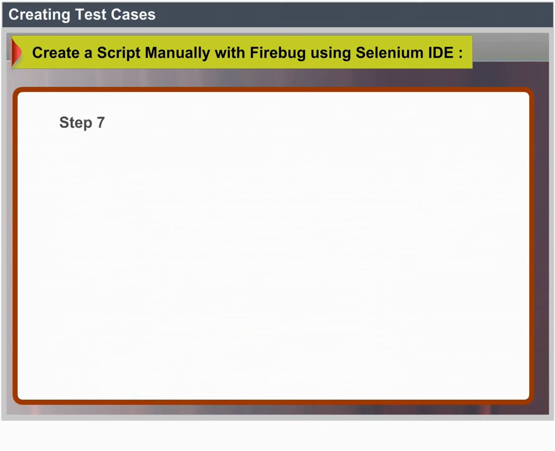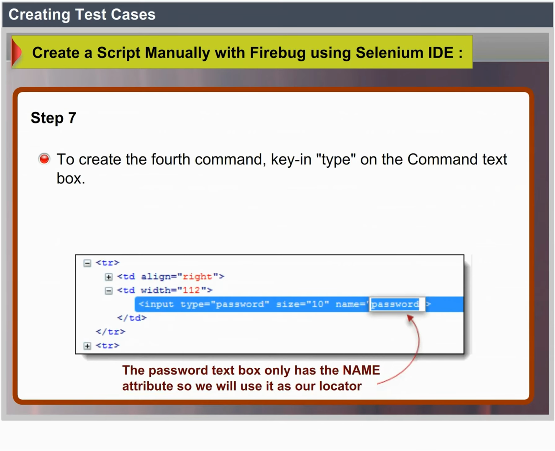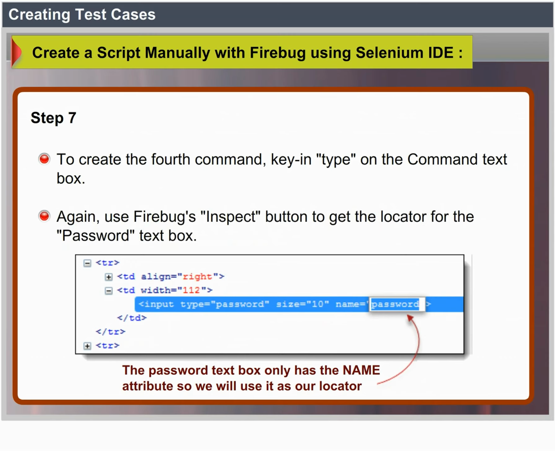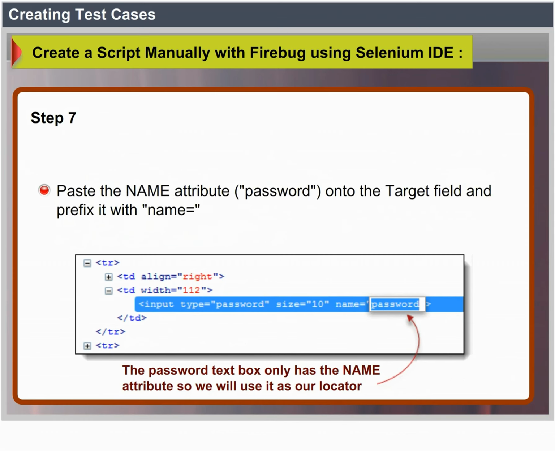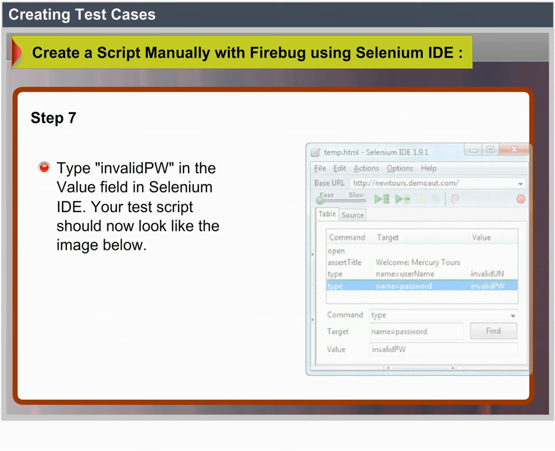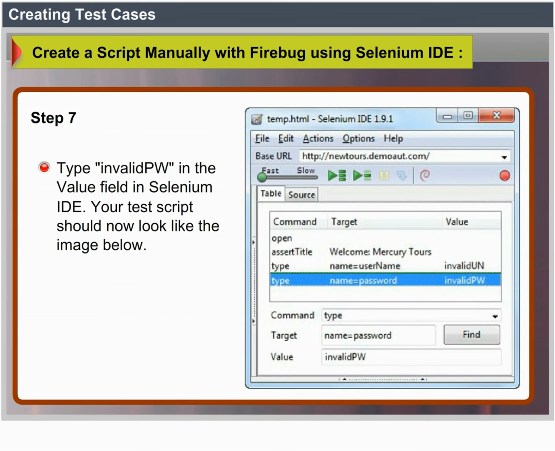Step 7. To create the fourth command, key in type in the command text box. Again, use Firebug's inspect button to get the locator for the password text box. Paste the name attribute password onto the target field and prefix it with name equals to. Type invalid PW in the value field in Selenium IDE. Your test script should now look like the image below.